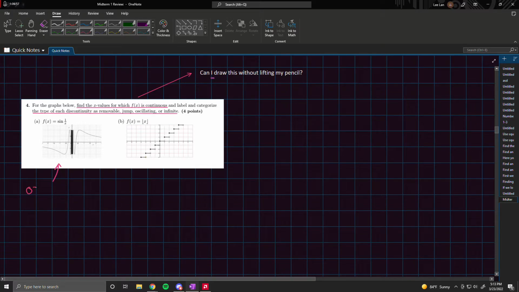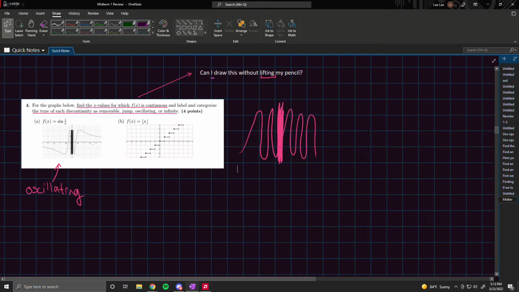Well, in my head, it's oscillating. I guess you could ask the question, why is an oscillating function discontinuous even though you technically never lifted your pencil? Because I can imagine that if you had an infinite amount of time, you could just keep drawing the same scribble back and forth, back and forth.